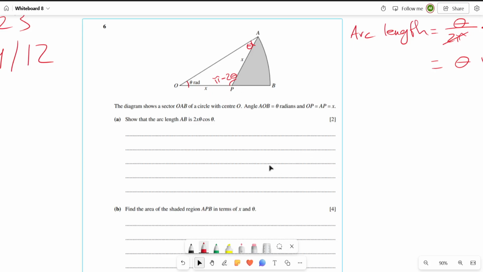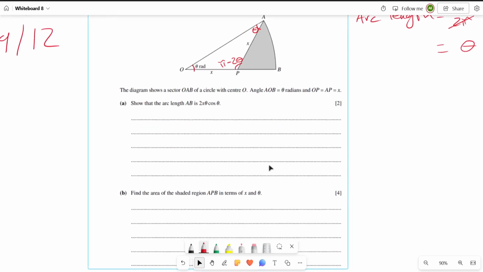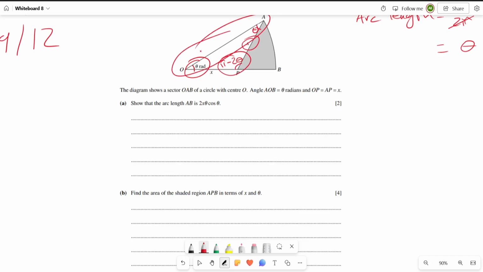There are multiple ways, but I'm going to show you the way that I instantly thought of, and if you have an easier way, send it in the comments down below. I thought about the sine rule, because I have this angle and I have the side opposite to it. I have this angle and I want this side. So let's see how we can use it. The sine rule goes like this.